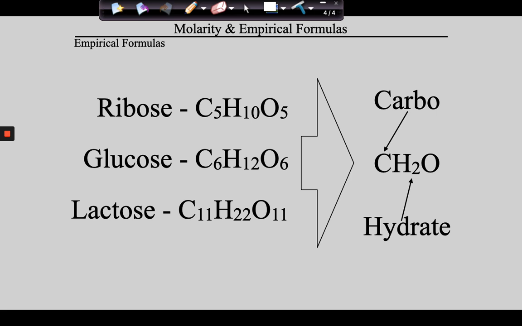These are all carbohydrates. Guys, could that be our aha moment? Yeah. Come on. Guys, that's where the term carbohydrate comes from. All sugars and starches are carbohydrates, and the reason that we call them carbohydrates is because all of their empirical formulas can be simplified to carbon and water, CH2O, in a 1 to 2 to 1 ratio.